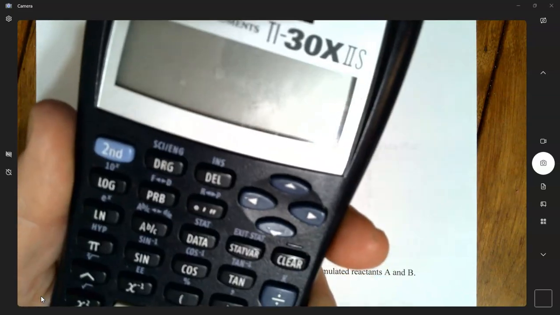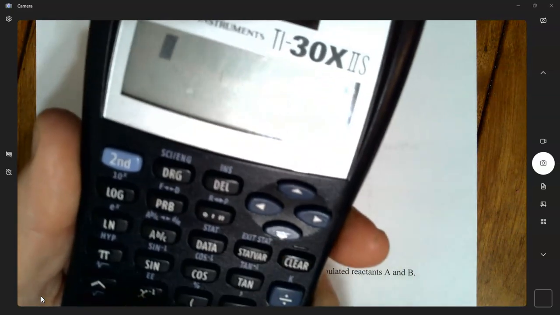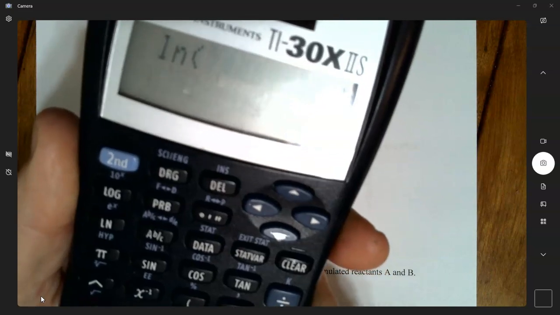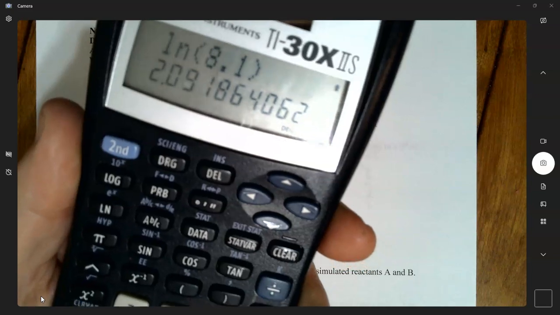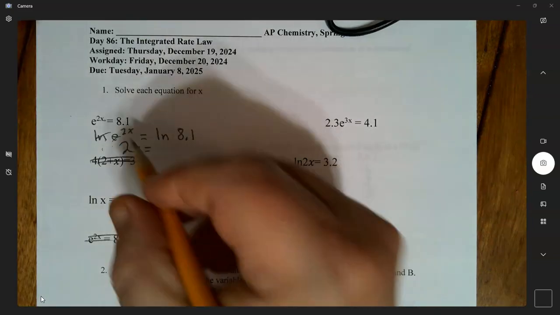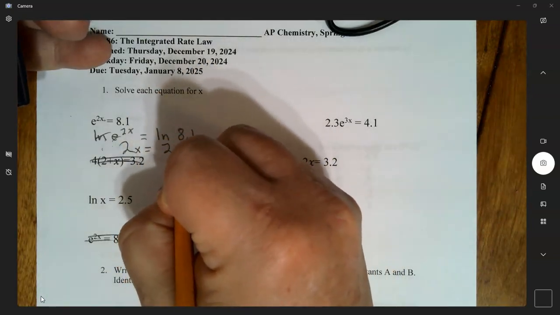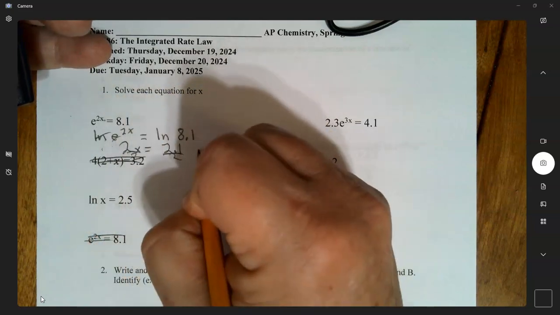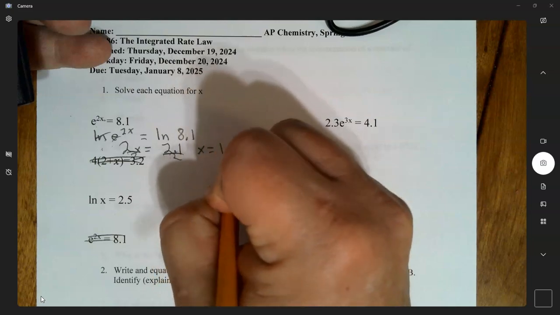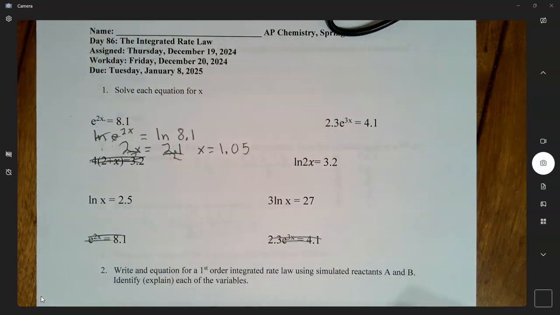Put in 8.1, close the parenthesis, and you get 2.09. We'll just call it 2.1. So divide both sides by 2, and you get x equals 1.05, something like that.